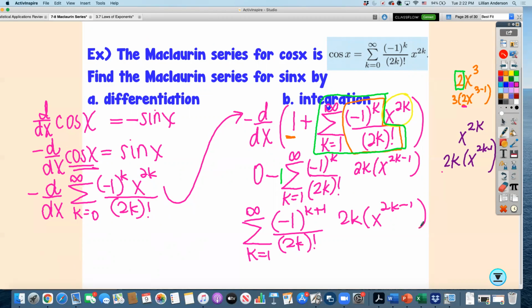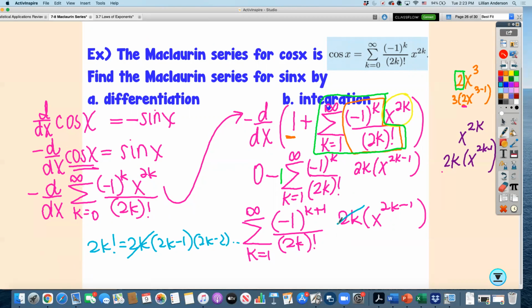I can continue to simplify this some more. What does 2k factorial break down to be? And so on and so forth, right? So that's what's in the denominator. Don't I already have a 2k in the numerator? What can I do to those 2k's? I can cancel them out.